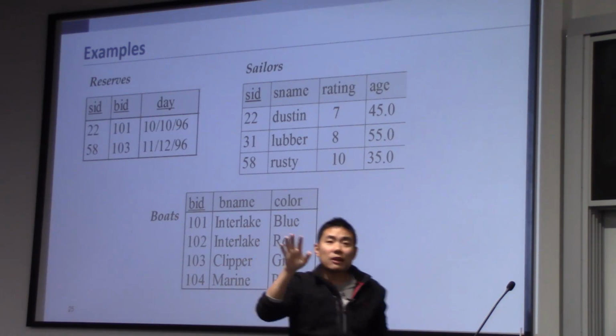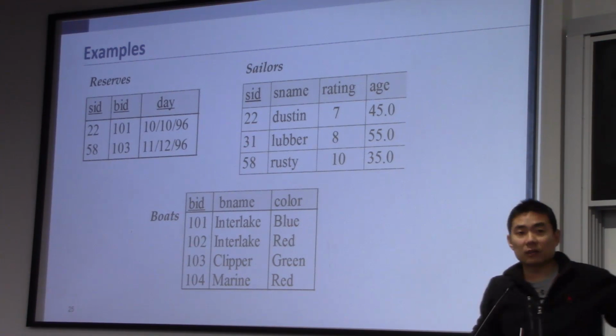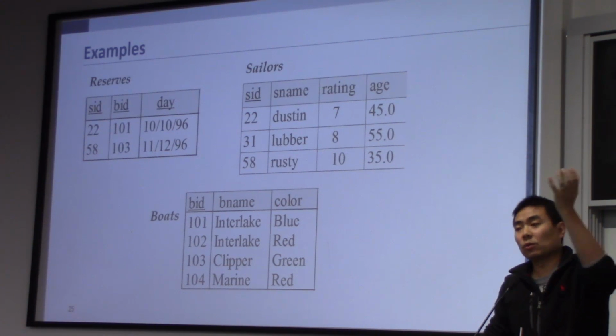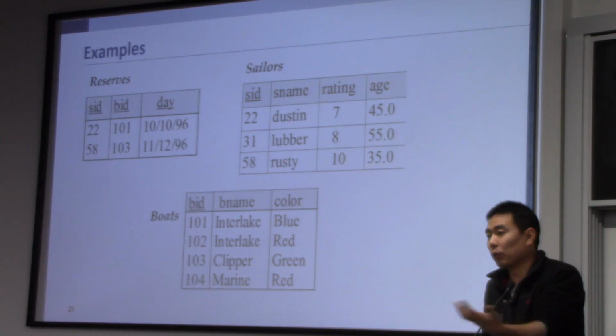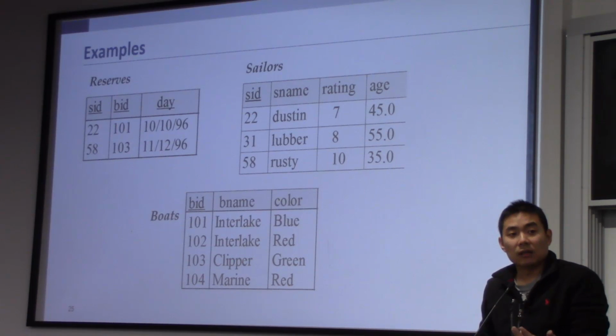And this is a good example for you to use division, right? It's very similar in spirit to the division example we illustrated: find student numbers who work on all projects. Find sailors who reserve all boats. It's essentially the same thing, right?